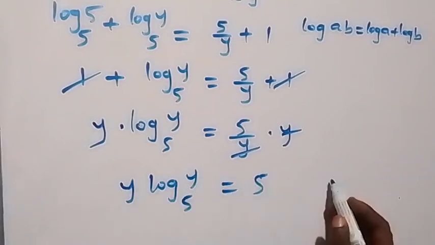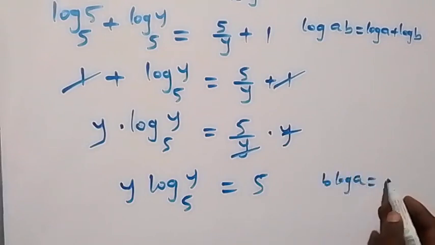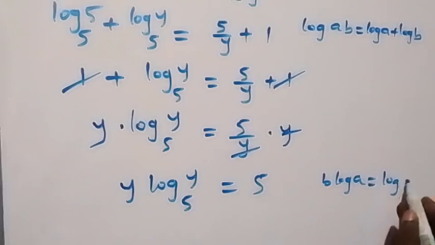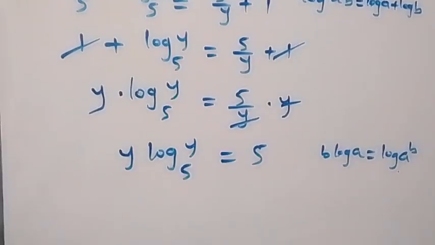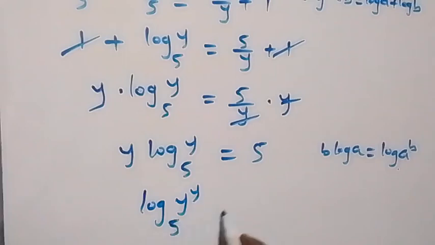Now reverse the power law. When we have b log a, we can write it as log a^b, and this now becomes log y^y to base 5 equals 5.